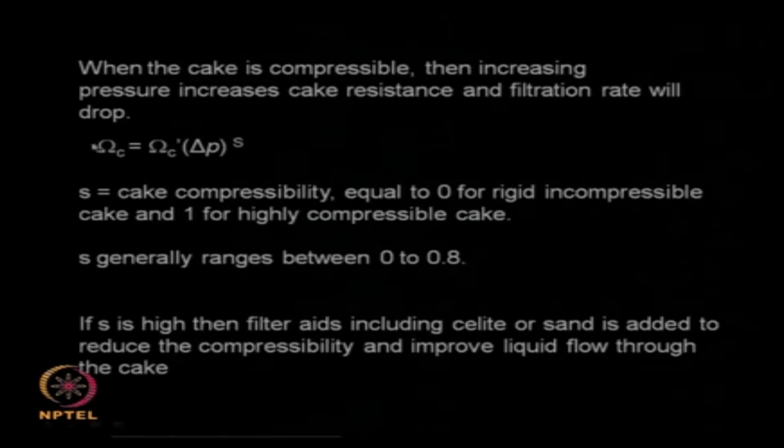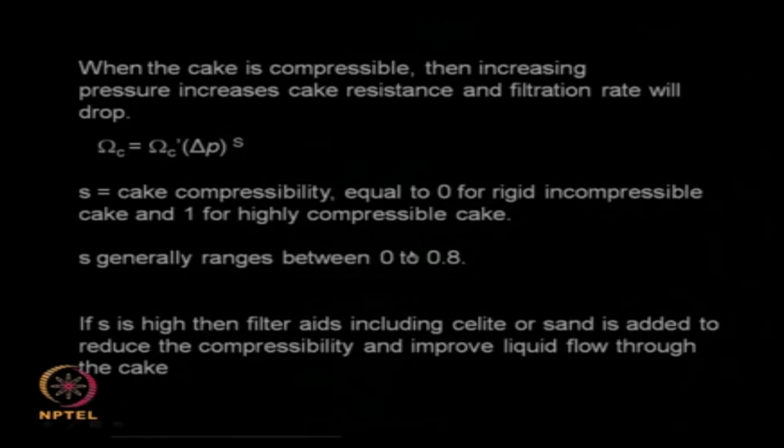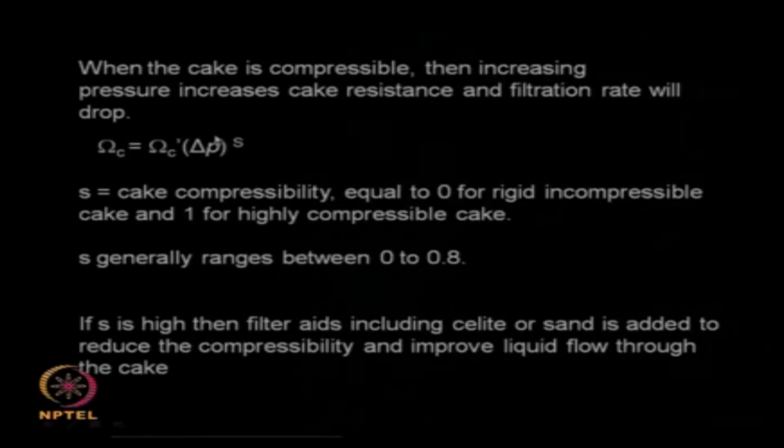So we write an equation for the constant like this, where S is an exponent which may vary, and generally it is about 0 to 0.8. If it is highly compressible we will take S as almost equal to 1, if it is incompressible, S will be 0.